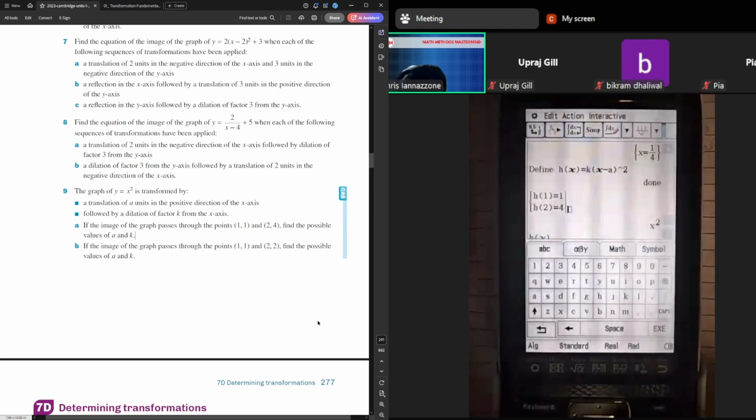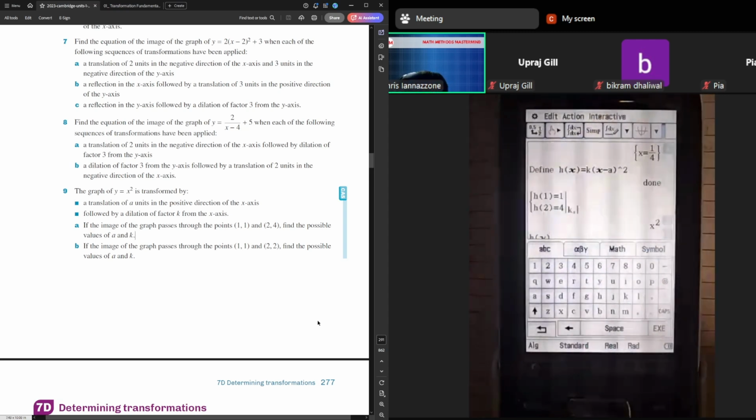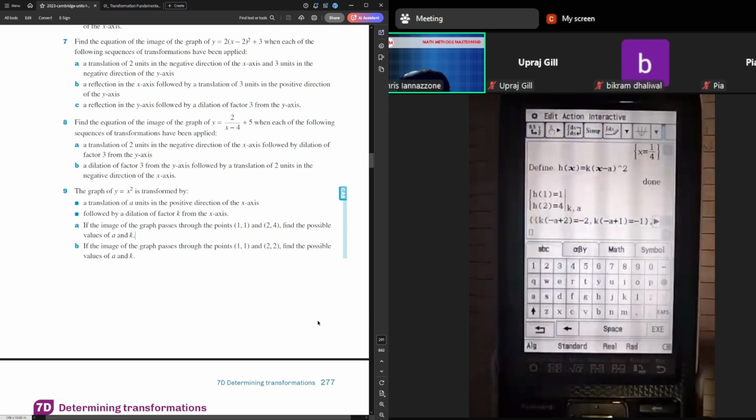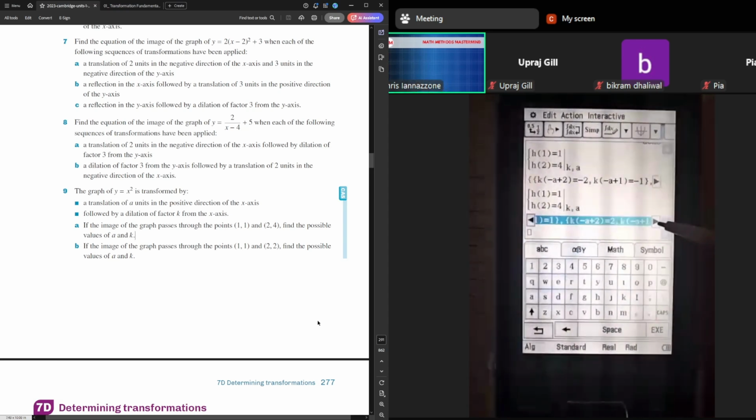At the end, you just want to put the k and a. So, k, comma, a. That's just complaining about things from before. What? It's not even going to do it. Wow, simultaneous equation solver sucks on Casio. Unless I did something weird.